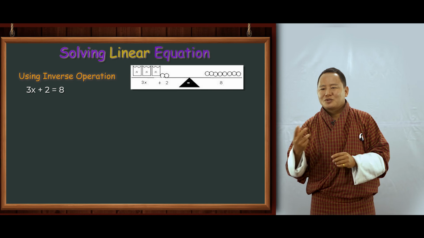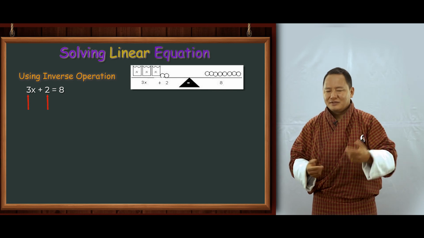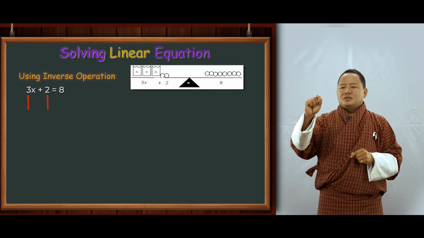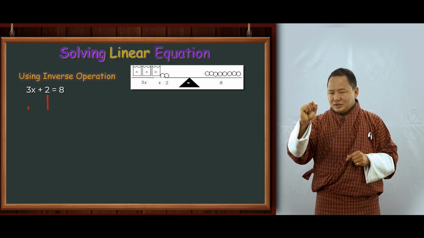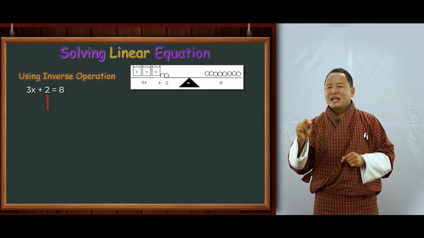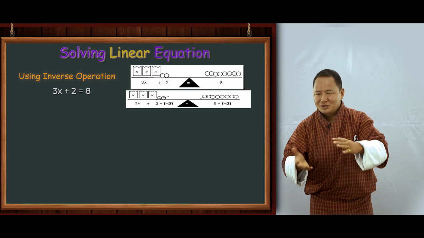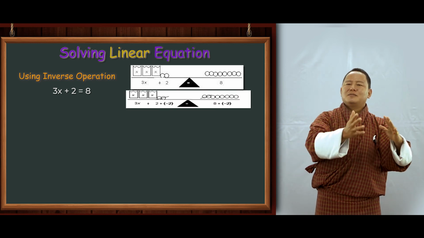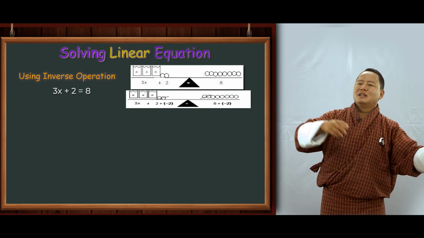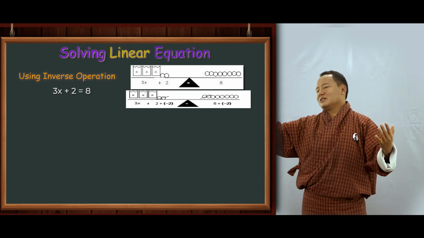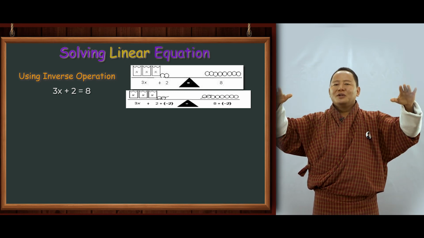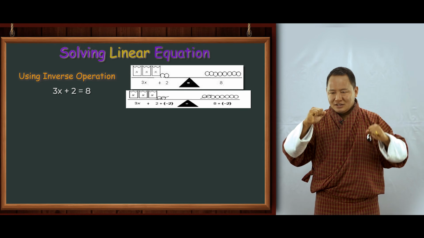So over here we have positive 2 and 3. In order to get rid of positive 2 first, we have to add a number that nullifies positive 2. When we do that to the left hand side, it should also happen to the right hand side in order to balance the equation. So let's have a look.